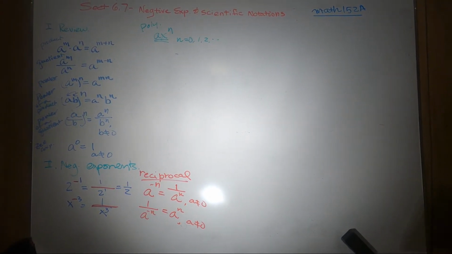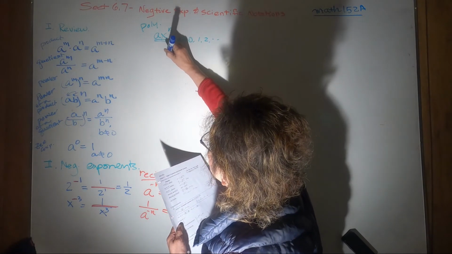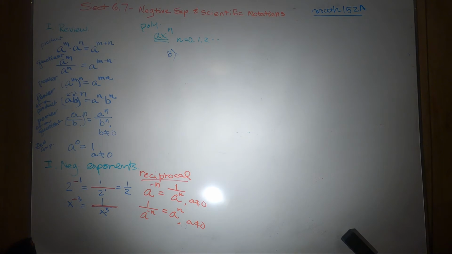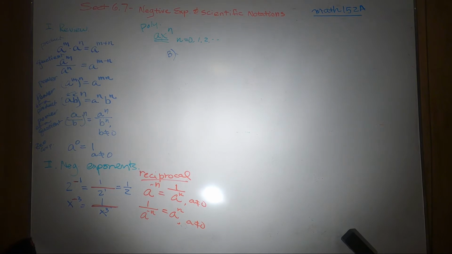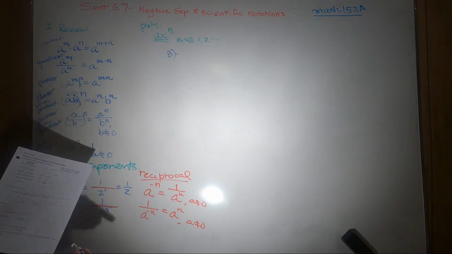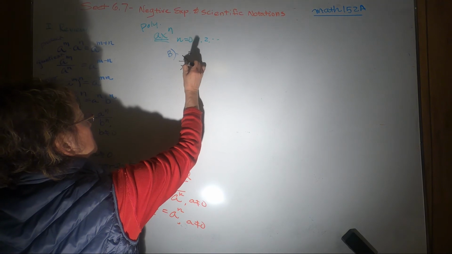All right. So, if we have this thing, let's take a look on this. So, if we have a situation like this, if we have x squared divided by x to the 6th power, right?